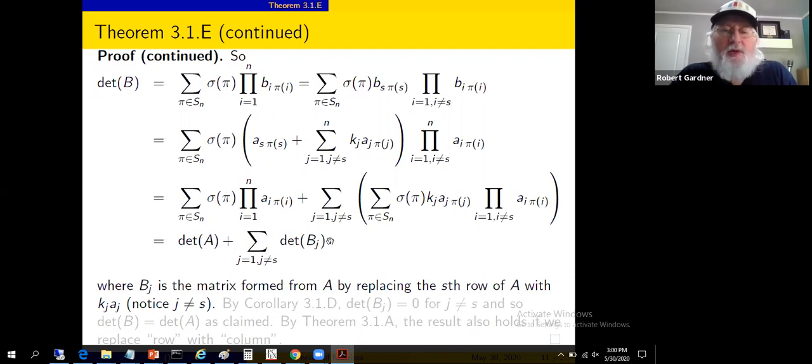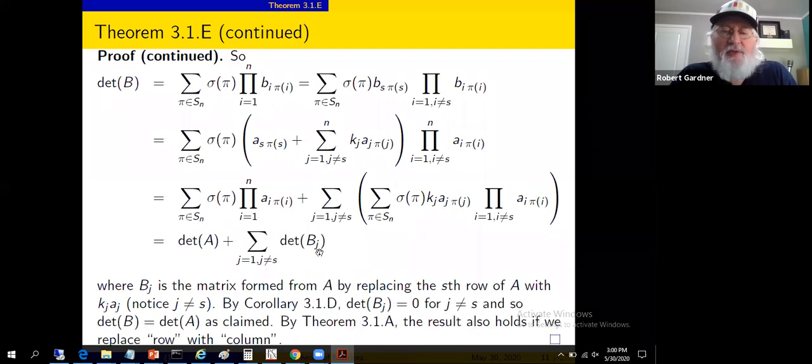Now what's up with these B sub j matrices? As long as j is not S, the determinant of B sub j equals 0, because one row is a multiple of another. The S row of B sub j is K sub j times A sub j.